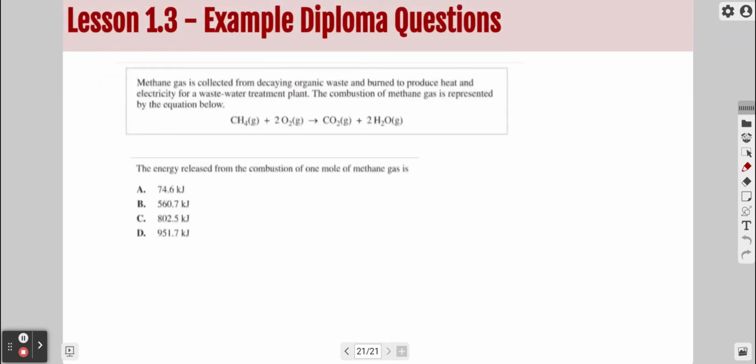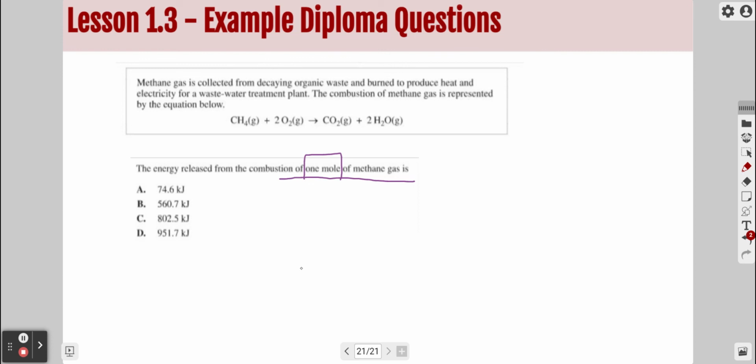All right, so there's an example question here. I am not going to do another Hess's Law, but I suggest you give this one a try. Okay, I'll just read it for you here. The methane gas is collected from decaying organic waste and burned to produce heat and electricity for a waste treatment plant. The combustion of methane is represented by the equation below. It asks for the energy released from the combustion of 1 mole of methane.